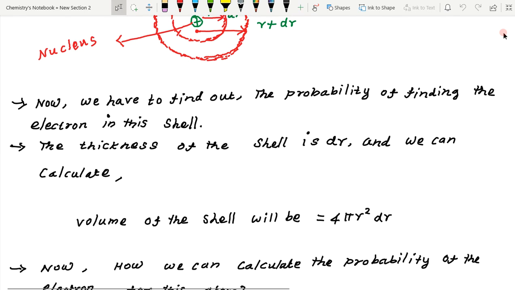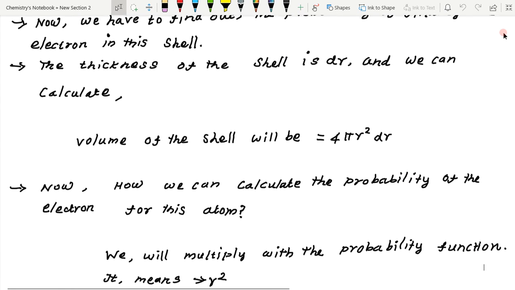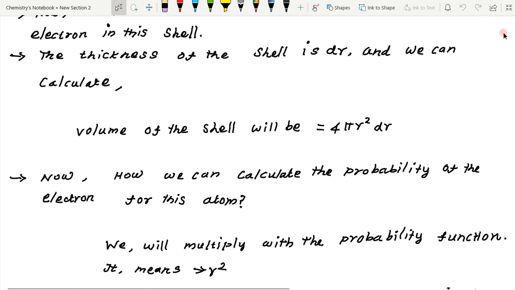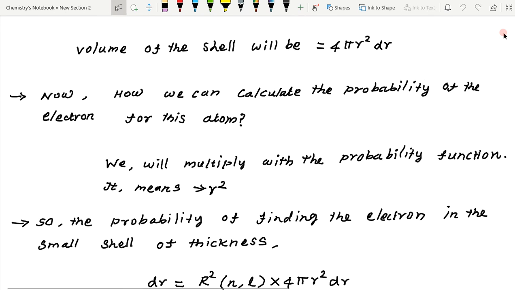Now we have to find the probability of finding the electron in the shell. The thickness of the shell is dr, and the total volume of the shell will be equal to 4 pi r square dr. Now how can we calculate the probability of the electron for this atom?